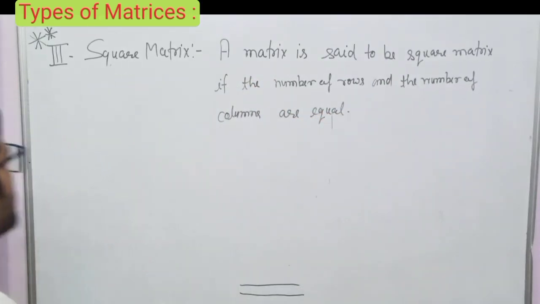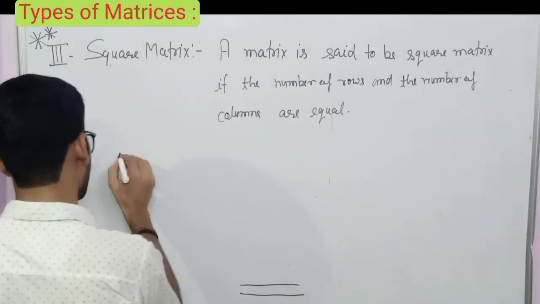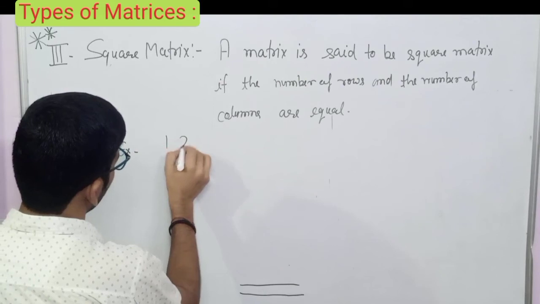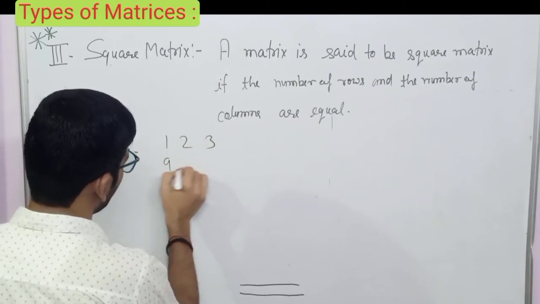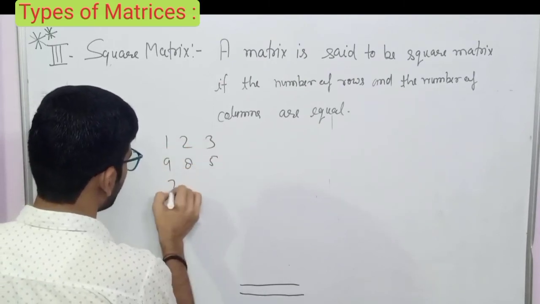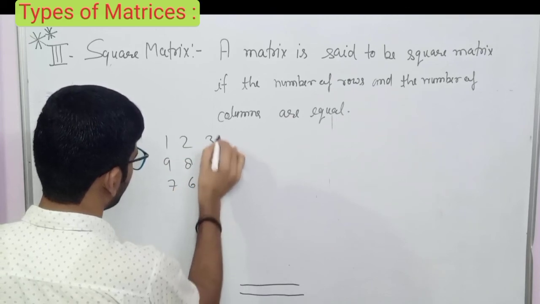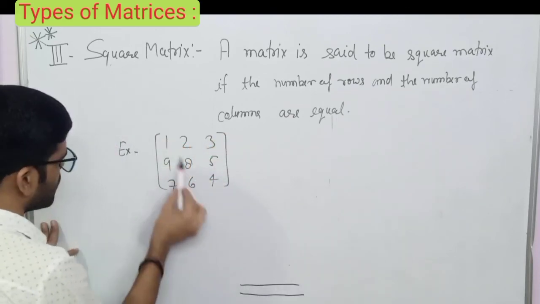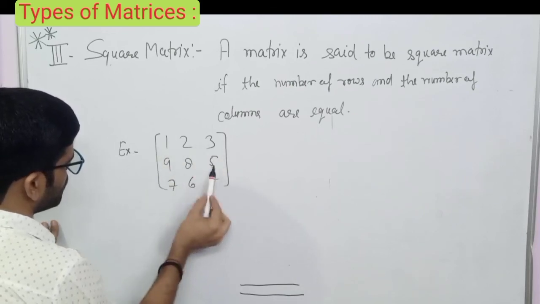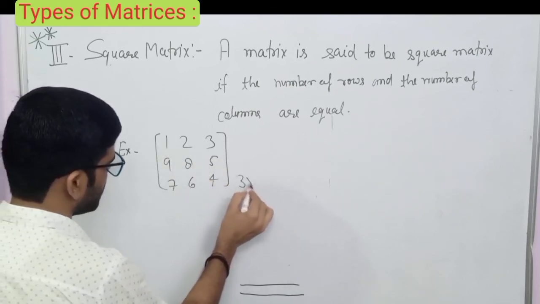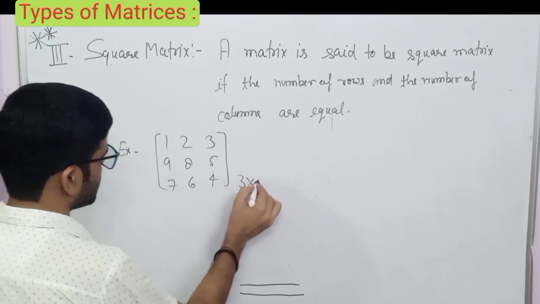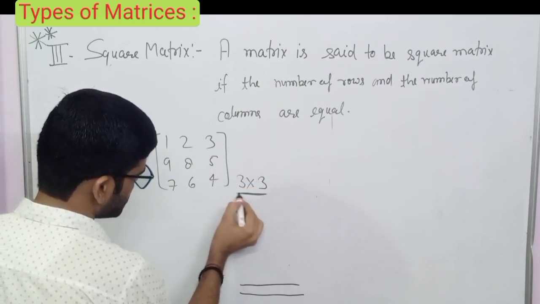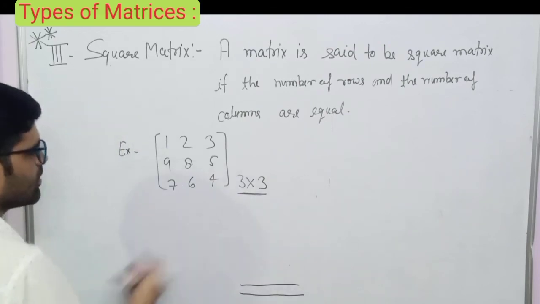Okay, so if you write an example, 1 2 3, 9 8 5, 7 6 4, what is the order of the matrix? How many rows? 1, 2 and 3. How many columns? 1, 2, 3. So number of rows and number of columns are the same, that is 3 by 3.